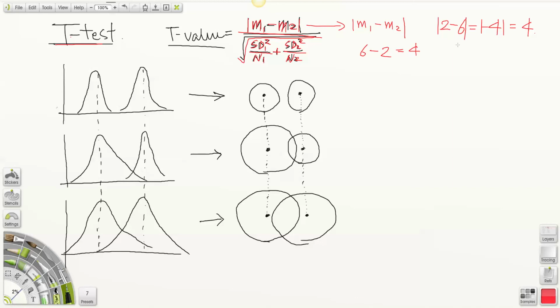And you are using this distance and this standard deviation information, or dispersion information, to make a decision on the null hypothesis. And what does the null hypothesis say? It says that there's no difference between male and female subsamples in terms of the continuous variable. So your rejection or acceptance of the null hypothesis is all about the difference or distance. Your alternative hypothesis is simply that there is a difference between the two subsamples, not necessarily which one is higher or lower.